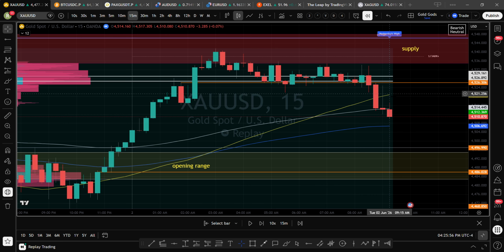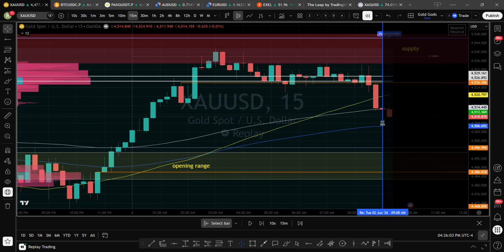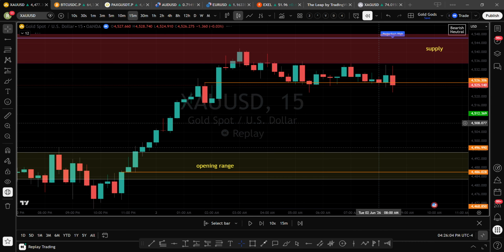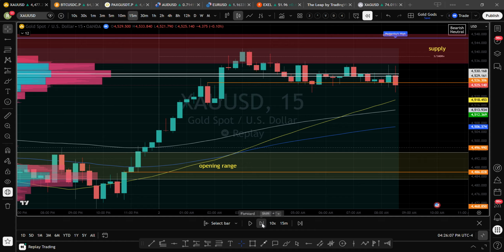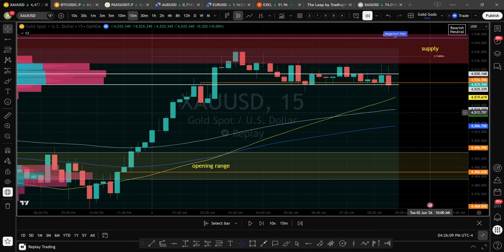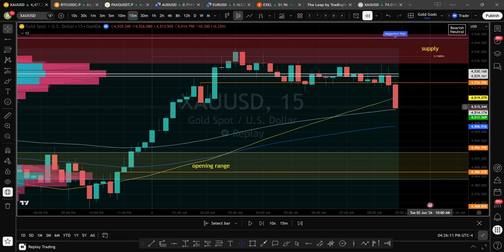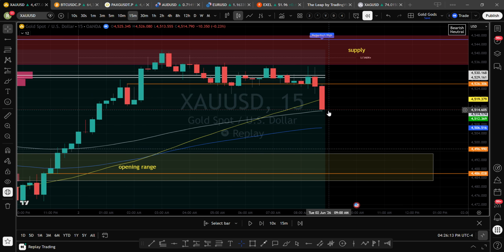So it's under the yellow, even though, at this point, let's just move it back a little bit. Once it closed under this yellow, right here, once it closed under that, we kind of know it's reversing.